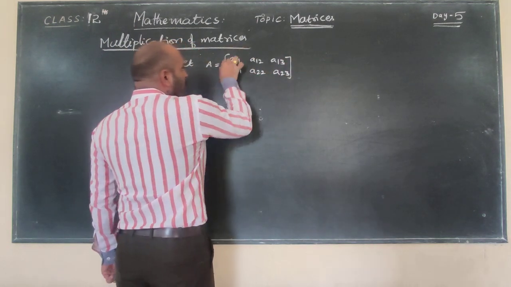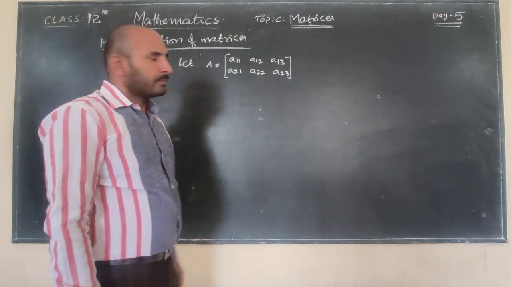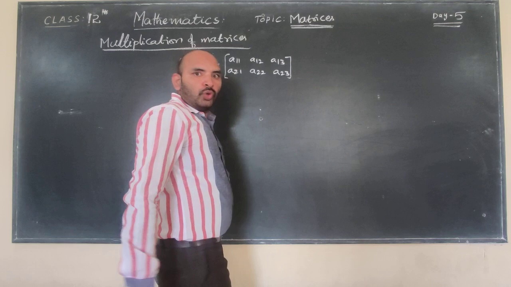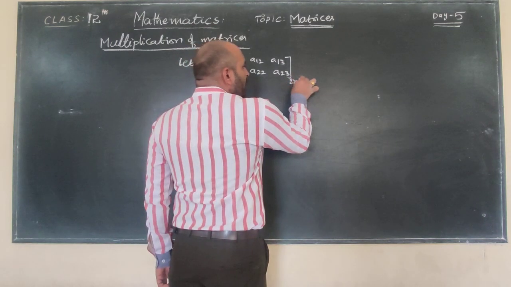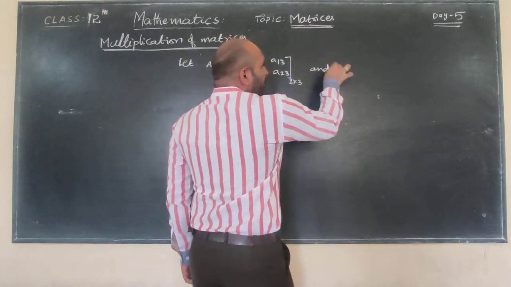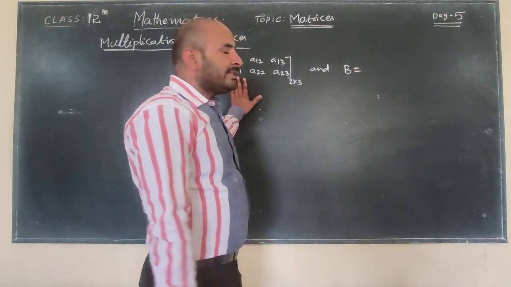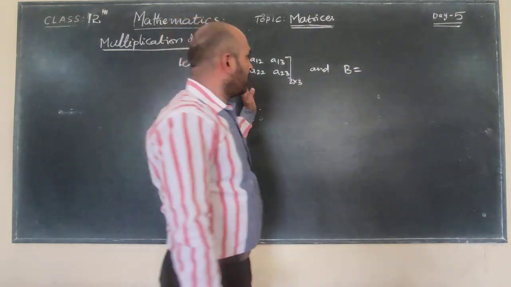This is one matrix. What is the order of this? 2 rows and 3 columns. So A is a matrix with order 2 cross 3.